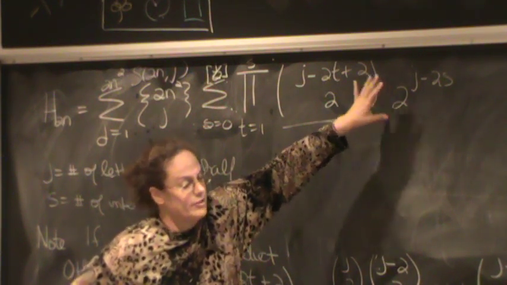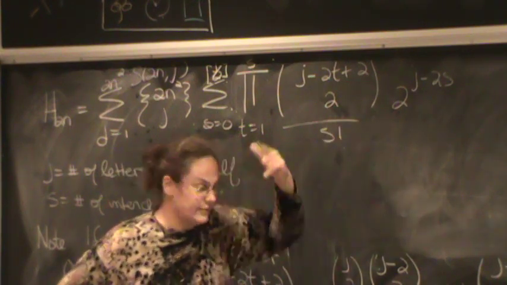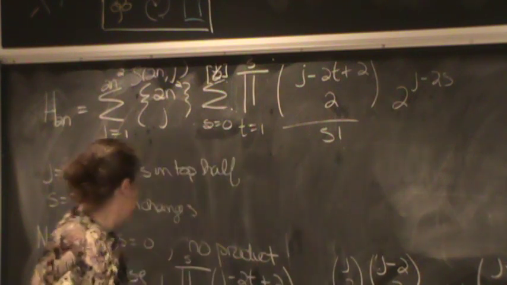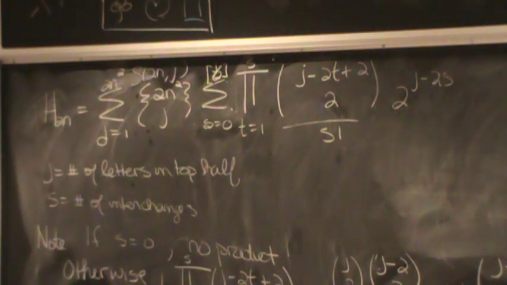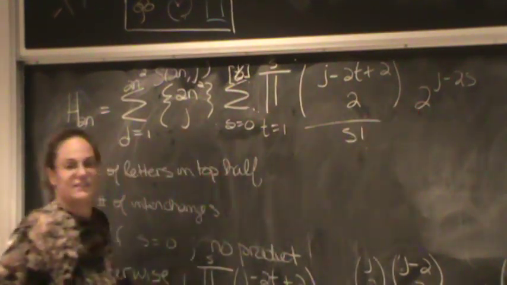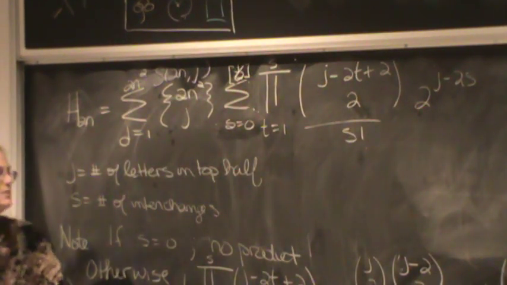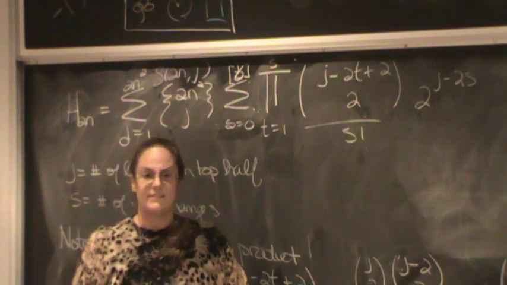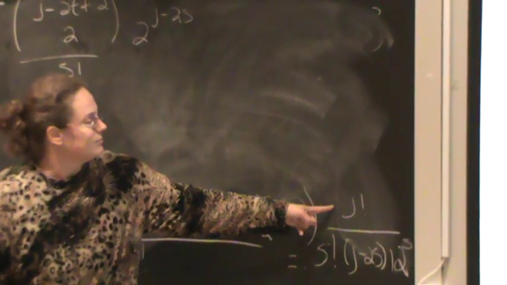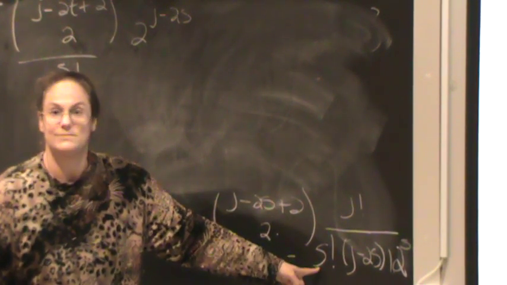So there's two possibilities: it must go to itself or to a new letter, and hence that's why you have the two. Now I should note, if S is 0, you just ignore this product and jump to that. And when you expand this product out, you can simplify it, and all my formulas simplify down to something like this.